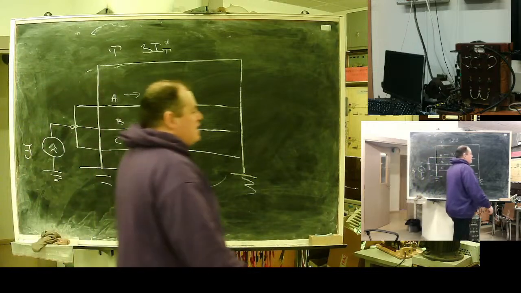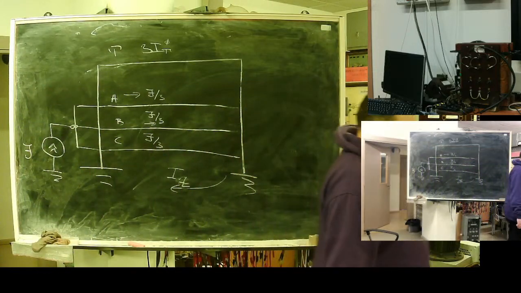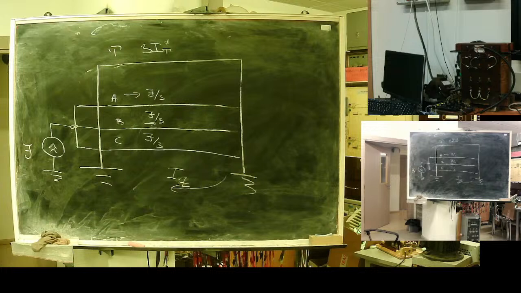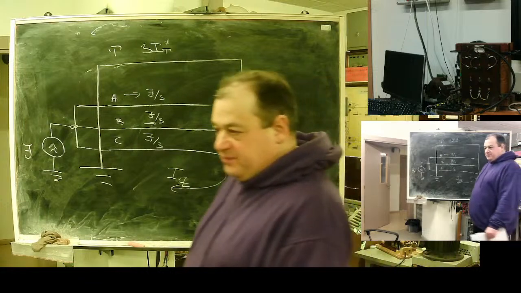Actually, we can ignore direct and negative sequences. We can ignore this protective cable's influence in the case of direct and negative sequence.